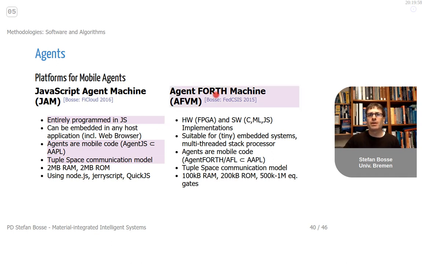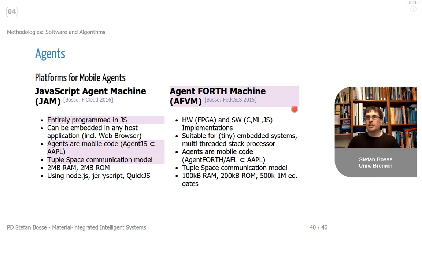But there's another machine, the agent Forth machine. Again, we are using Forth, but a specialized multi-threaded or multi-stack processor. From agent Forth, there are hardware implementations using FPGAs or ASICs, and software implementations in C, OCaml, JavaScript, and so on.